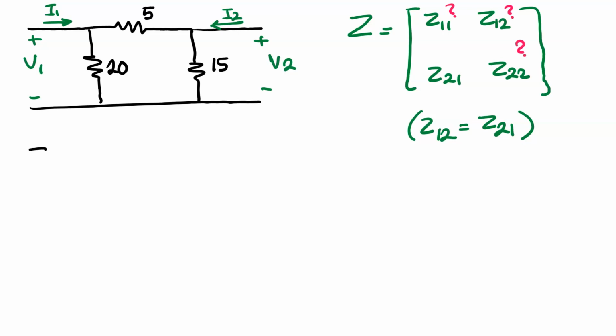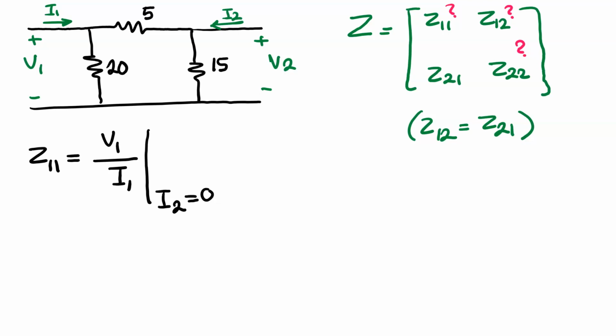Okay, for Z11, you need to have V1 over I1 when your I2 is equal to 0. So if I2 is equal to 0, it means that in the second pair of terminals, in my output pair, there's no current, I have an open circuit.